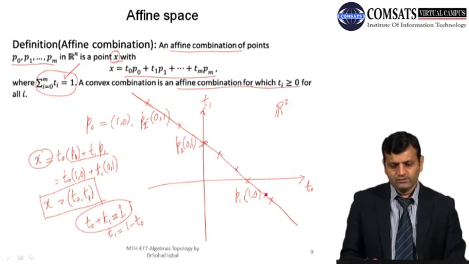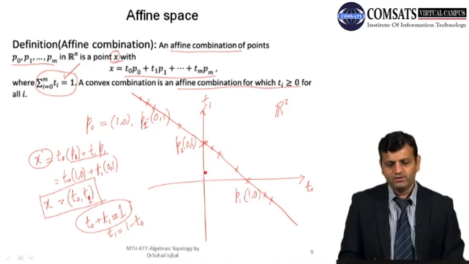This is the difference between affine combinations of two points in R2 and any linear combination that we studied in the discussion of vector spaces.